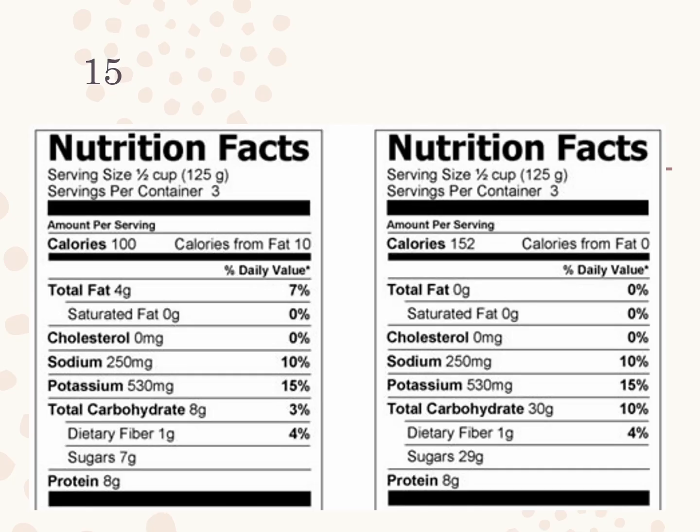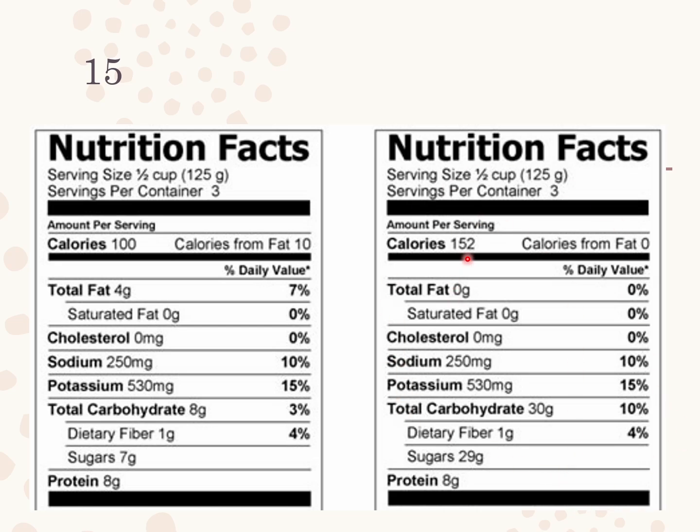Okay, so here you can see on the left side, this is your standard version. I believe this was for yogurt. So again, a half a cup of yogurt, we had 100 calories in the product. You were getting 4 grams of fat, 8 grams of protein, and 8 grams of carbohydrates. Now on the right side, you can see the reduced fat or the fat-free version of the same product.